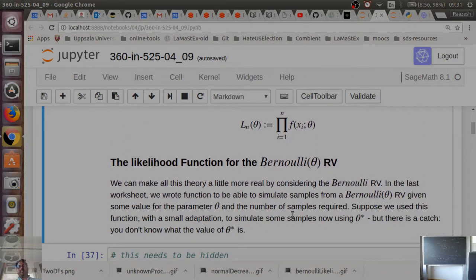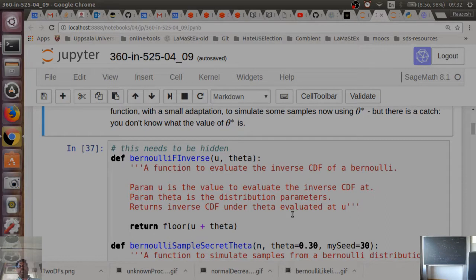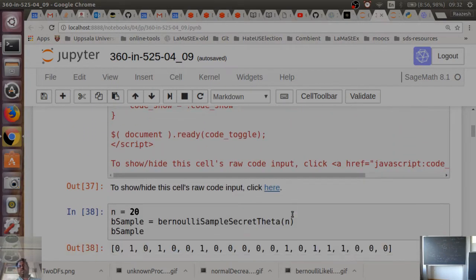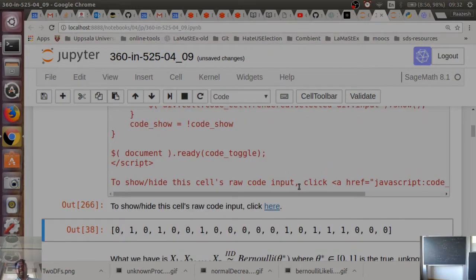So here's the likelihood function for the Bernoulli theta random variable. Let's play with it. I just put a whole bunch of stuff here. Fortunately, hiding cells is difficult, so just hit that.